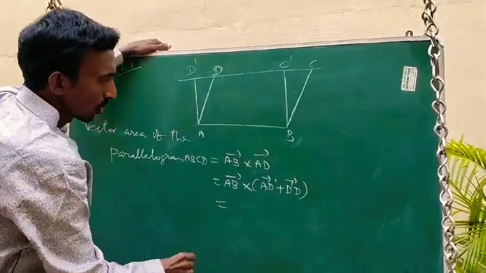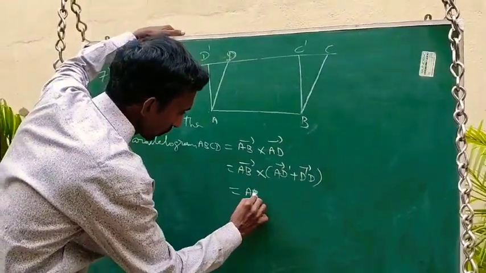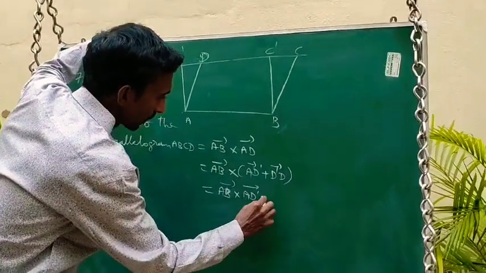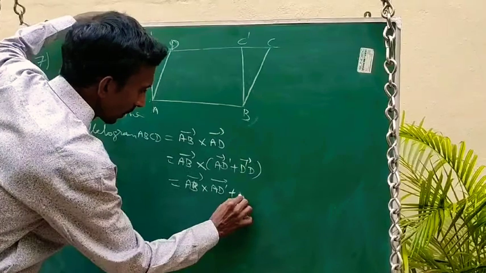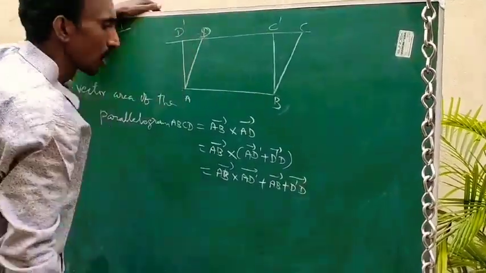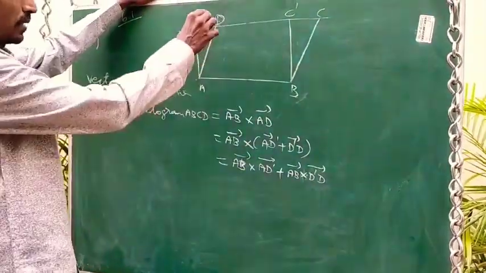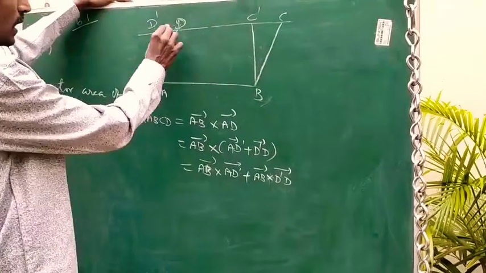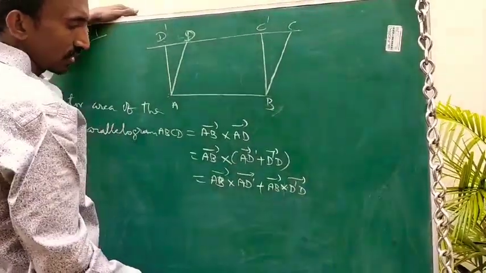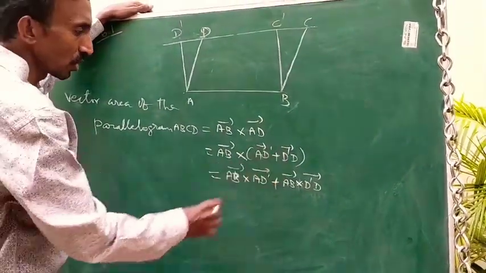Use the distributive property: AB vector cross AD dash vector plus AB vector cross D dash D vector. So look at the diagram, AB and D dash D are parallel. Cross product of parallel vectors or same vectors is 0.